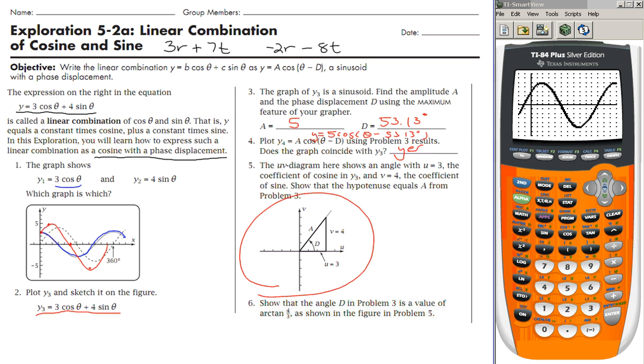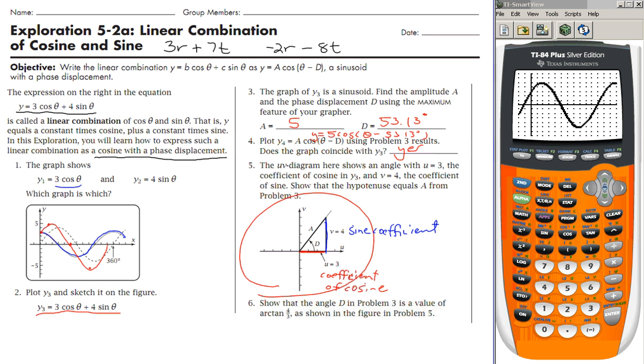So what I did is I made a picture in the UV plane, where the u coordinate was the coefficient of the cosine part of the linear combination, and the v coordinate here is the sine coefficient.